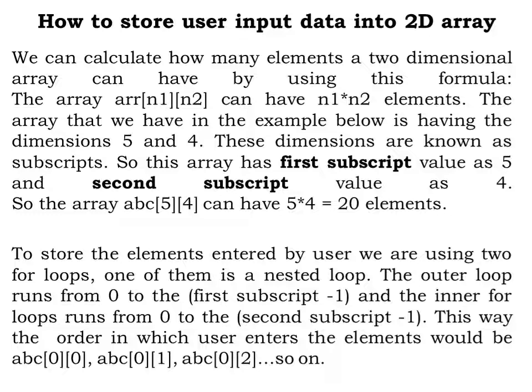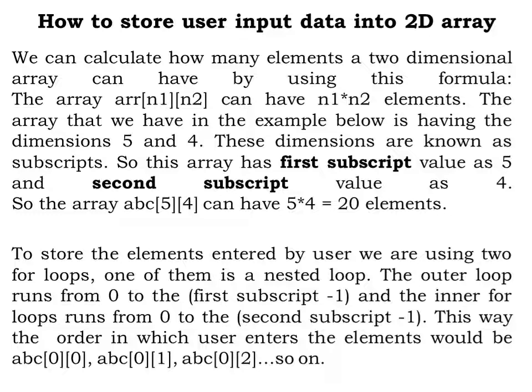So the outer for loop runs from 0 to the first subscript minus 1. In the above example the first subscript value is 5, so 5 minus 1, that is 4. And the inner for loop runs from 0 to the second subscript minus 1, where the second subscript is 4, so 4 minus 1. This way, the order in which the user enters the elements would be ABC[0][0].